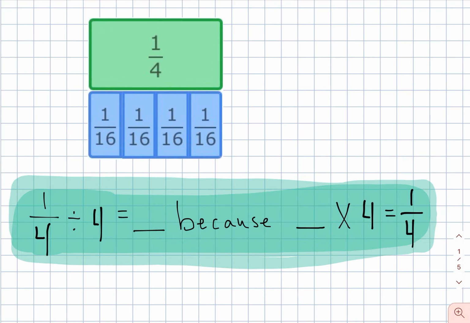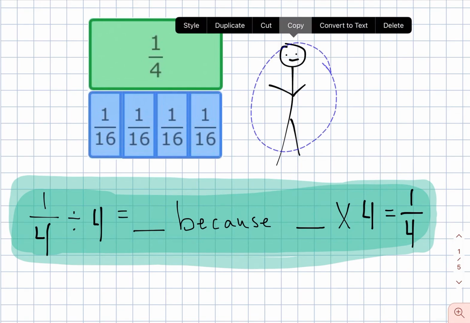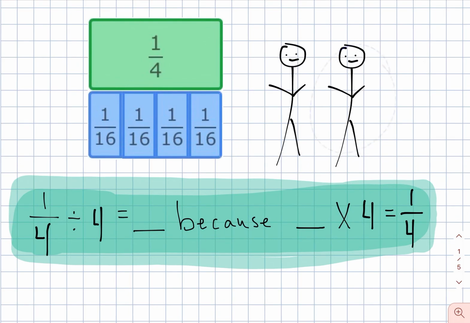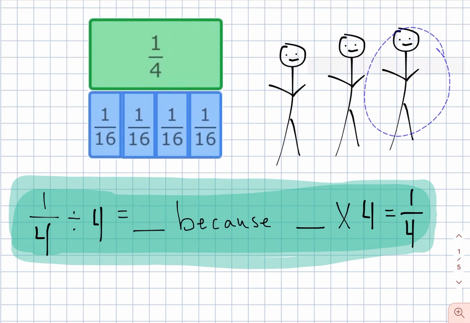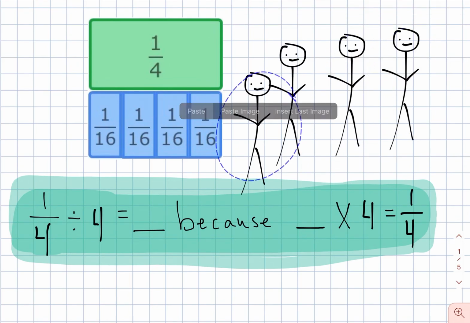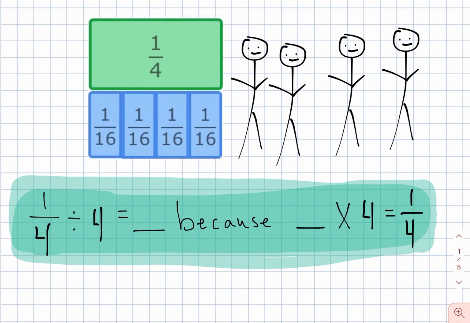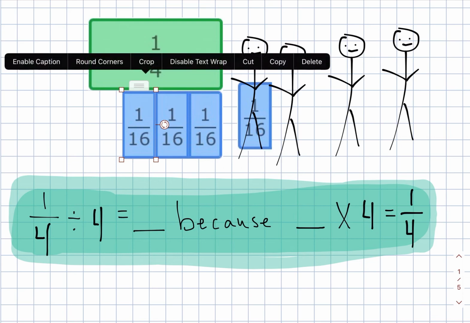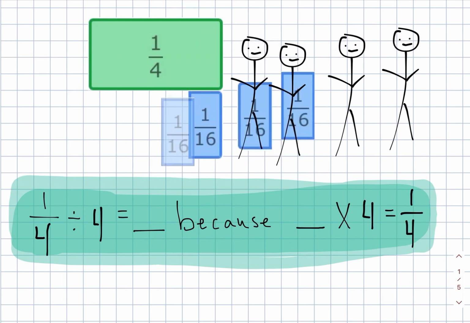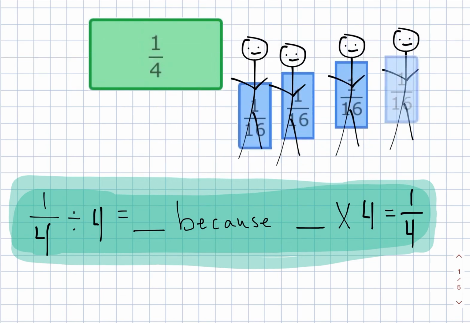Again, if I'm dividing it up among 4 people, the answer is, what does one person get? Well, if I divide it up among these 4 people, they each get 1/16. The answer is, how much does one person get? One person gets 1/16.